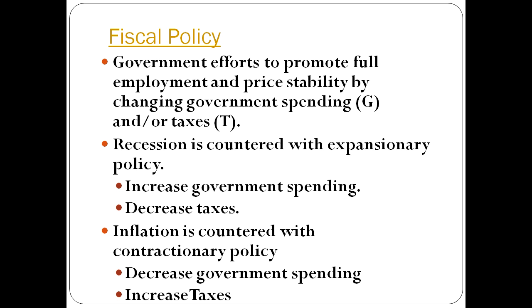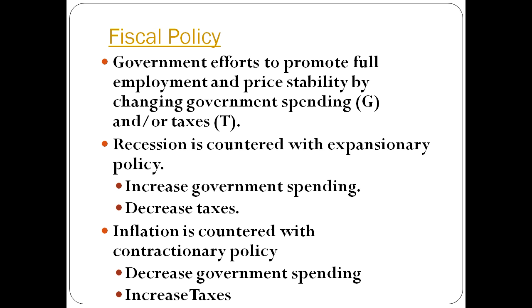Let's take a look at what fiscal policy is. Generally, if you're talking about the U.S. government, it's the efforts of the President as well as the Congress to promote full employment and price stability by changing government spending, which we represent with the variable G, and or taxes, which we represent with the variable T. Recession is going to be countered with an expansionary fiscal policy.